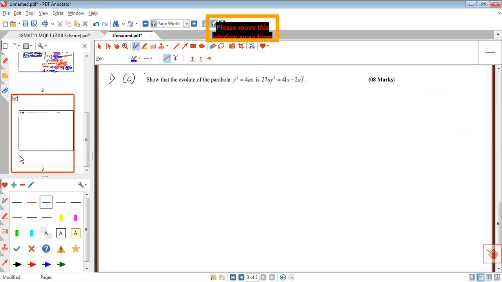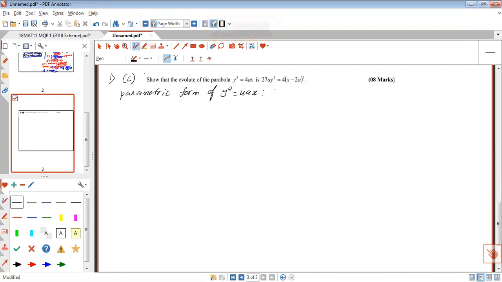So first I will write the parametric form of the parabola y square equal to 4ax. That is x is equal to a t square and y is equal to 2at. Okay? That is the parametric form of the parabola y square equal to 4ax.